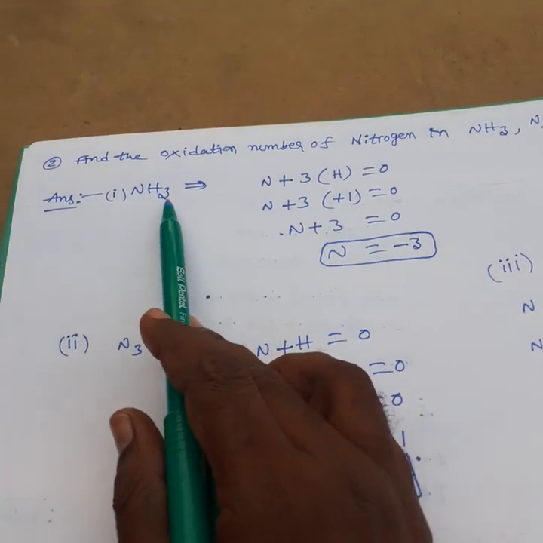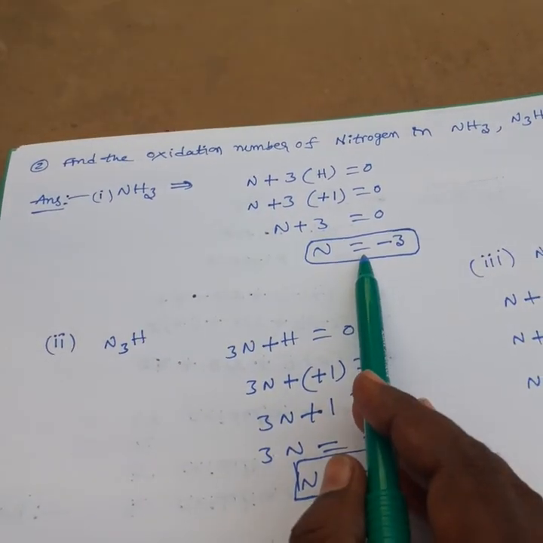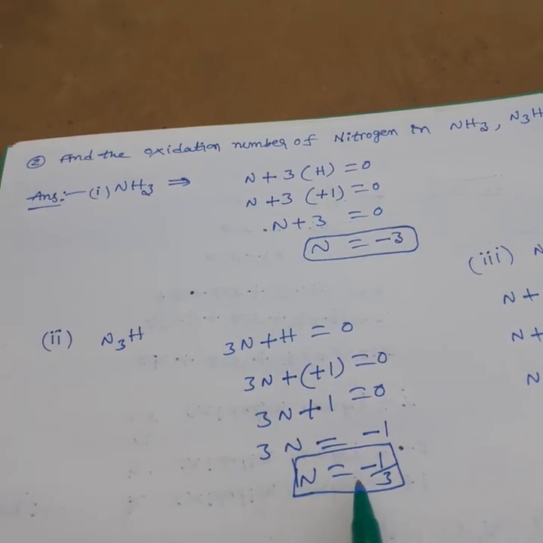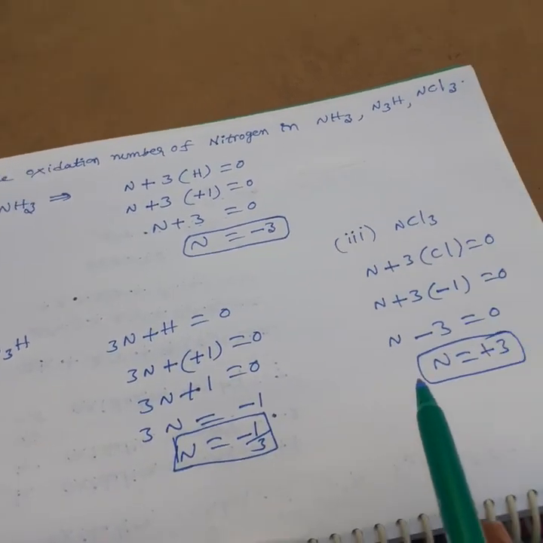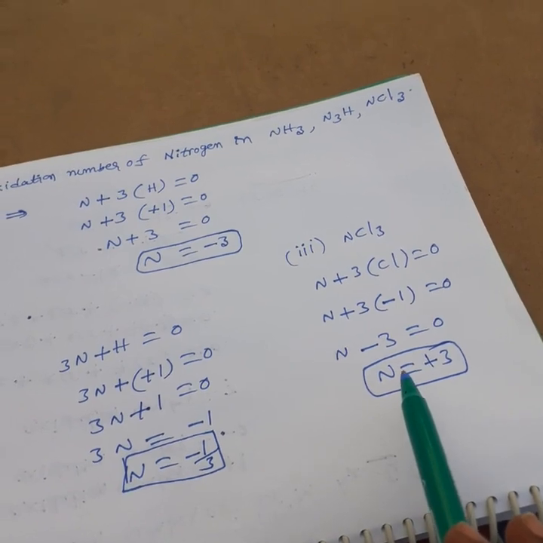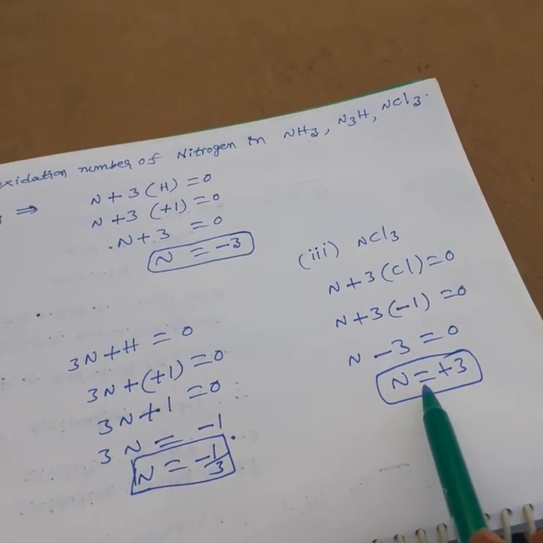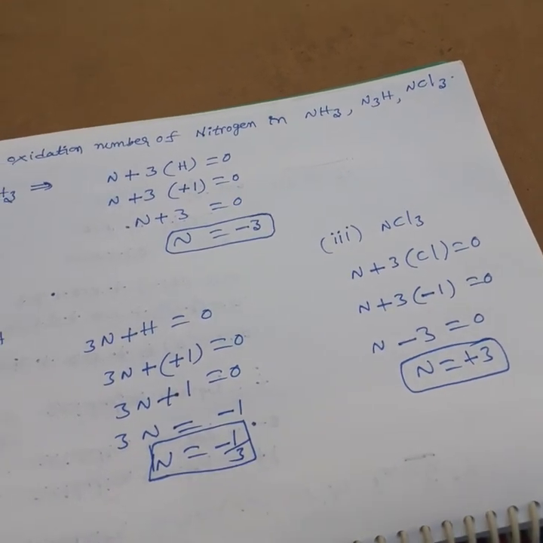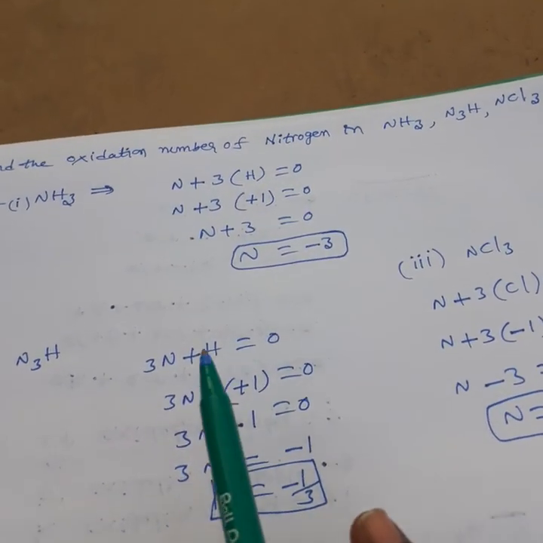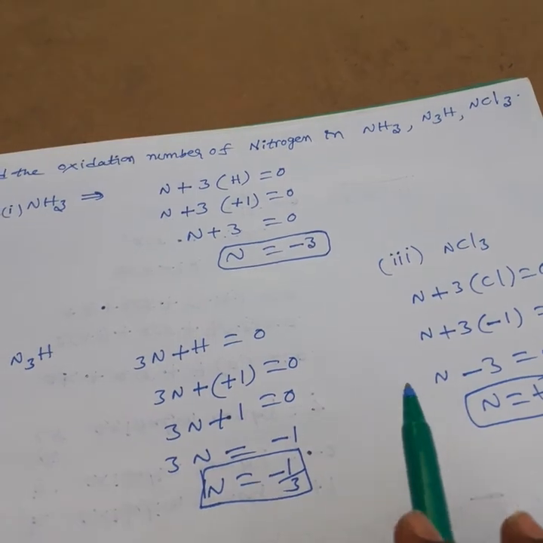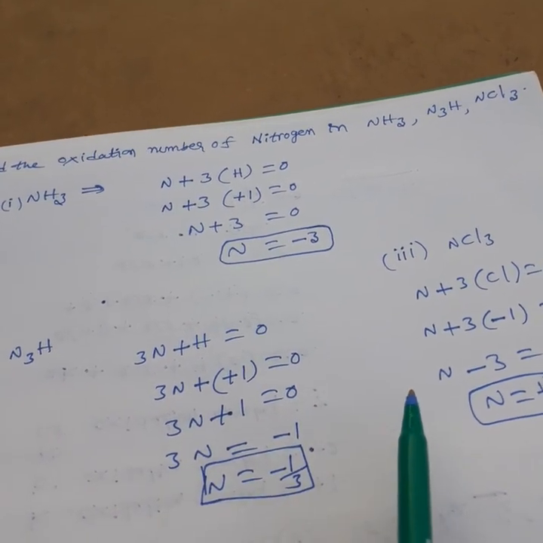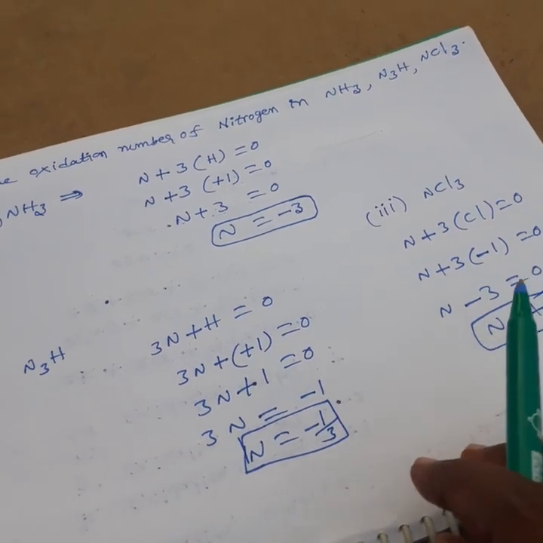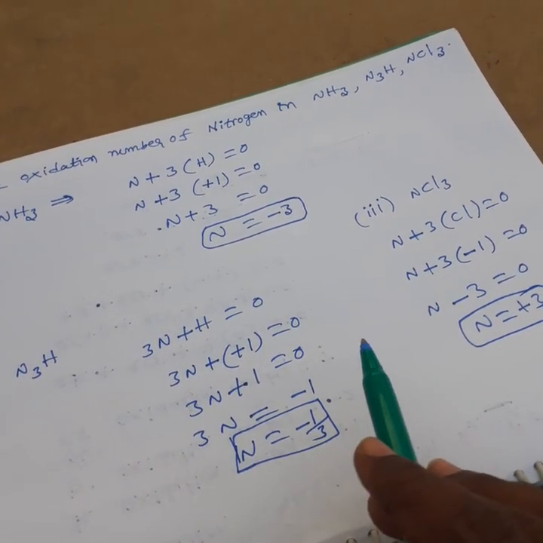In NH3, the oxidation number of nitrogen is minus 3. In N3H, it is minus 1 by 3. And in NCl3, the oxidation number of nitrogen is equal to plus 3. This is the finding of oxidation numbers of different types of compounds.